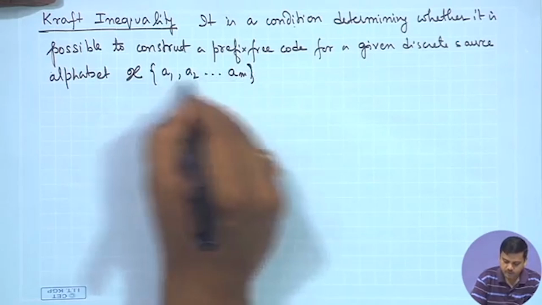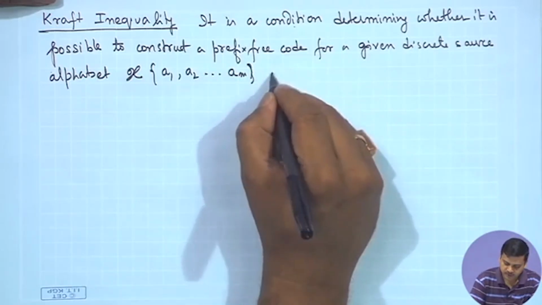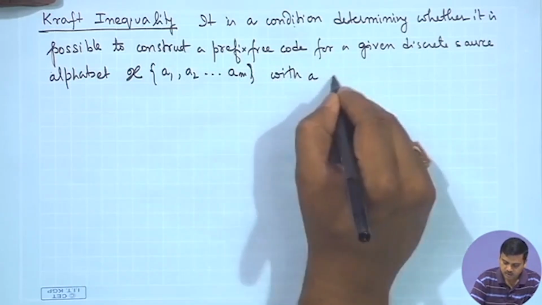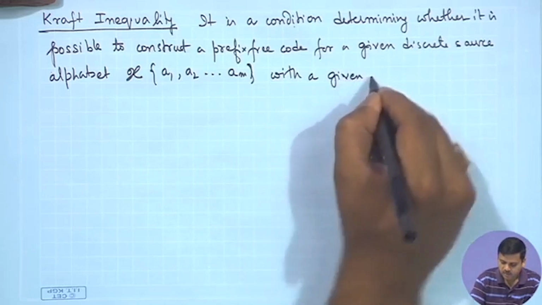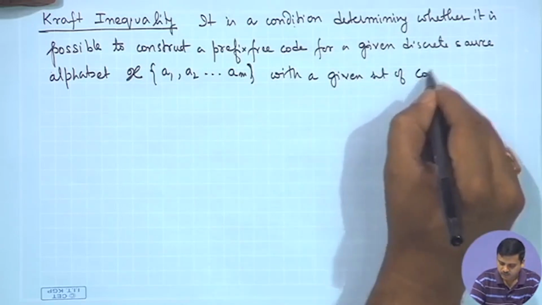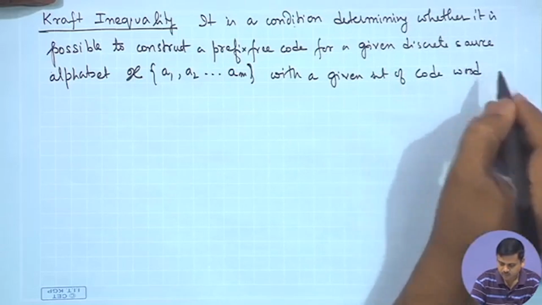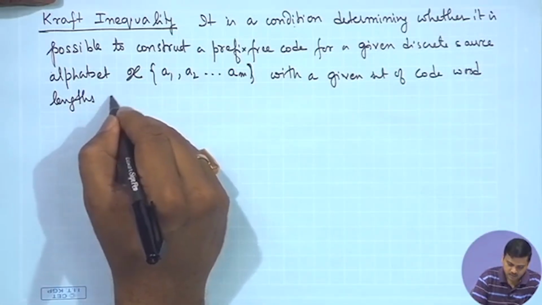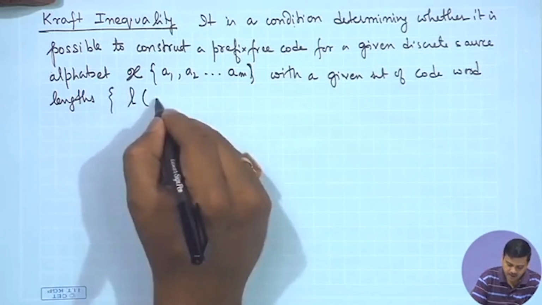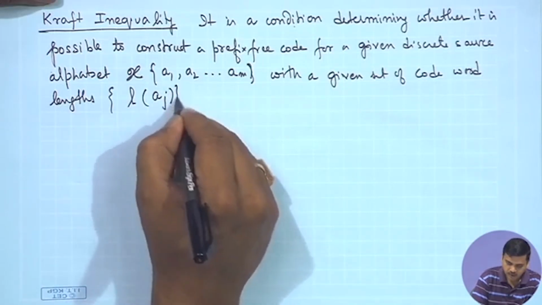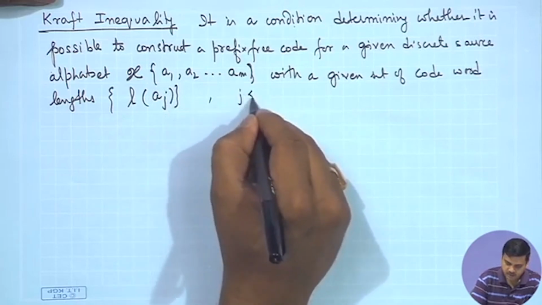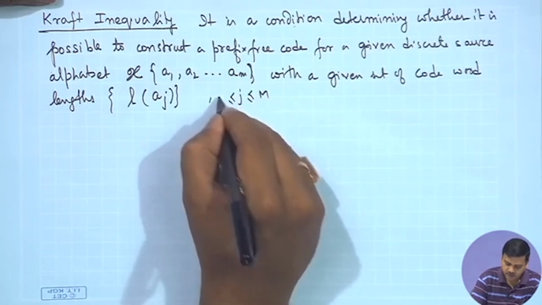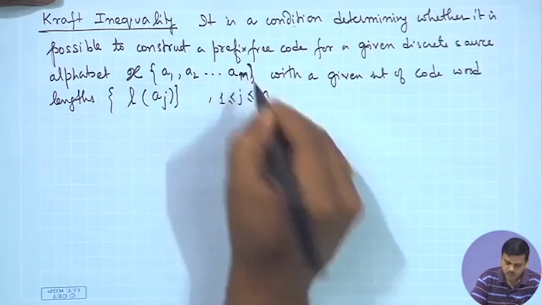It is not important what we put, we just say that there are M alphabet symbols with a given set of code word lengths marked by L of AJ, where J is from 1 up to M.